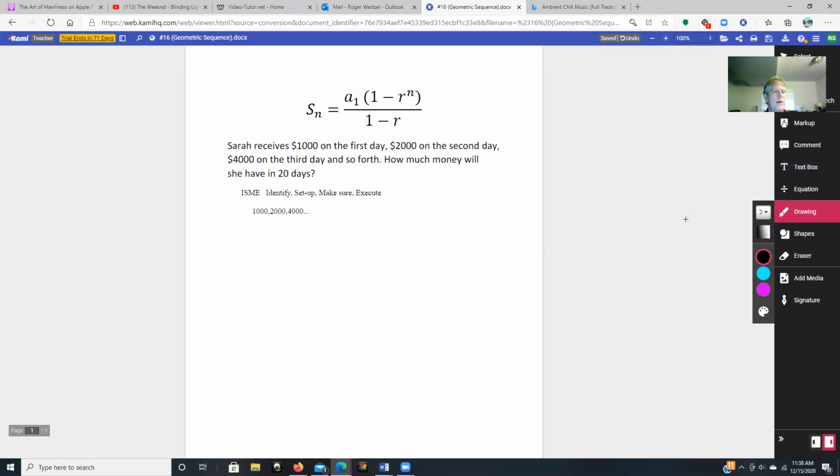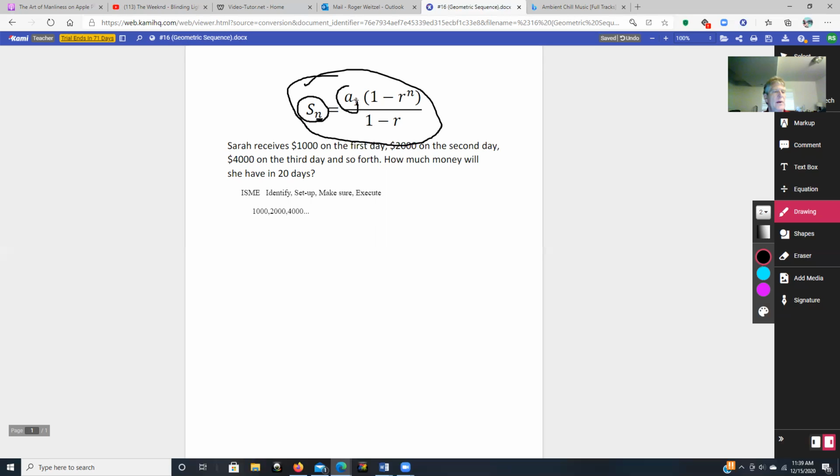So on this formula, we want to identify these variables. I had to look up this formula because I didn't remember it, so I put it on here so we could all use it. What we want to identify is the variables here. So this is the sum after we've added up n number of terms.